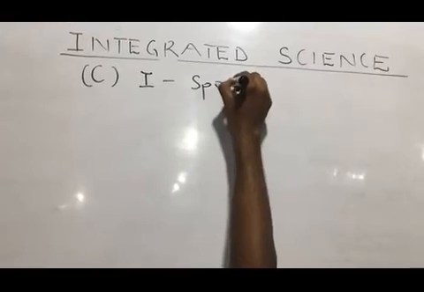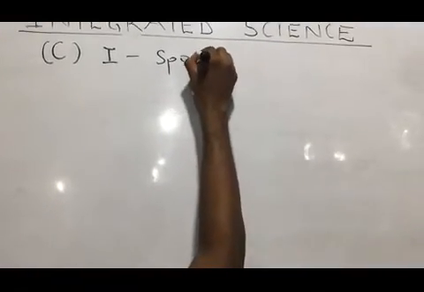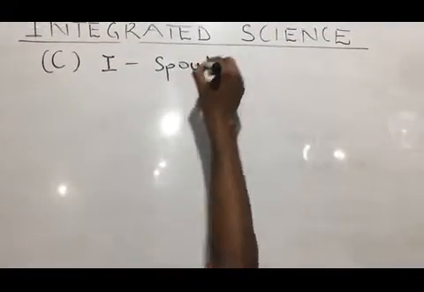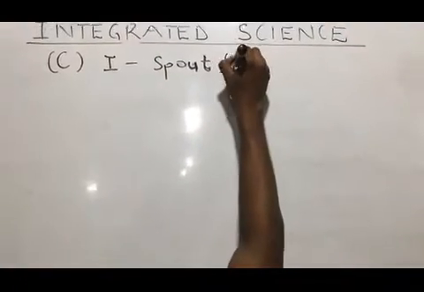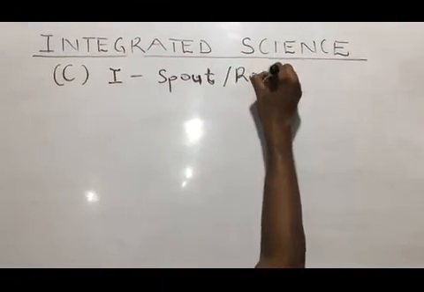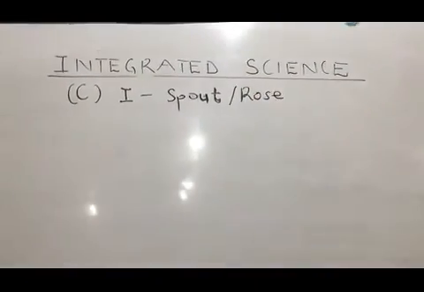The spout is where the water flows from onto the seedling. Sometimes we also call it the rose.